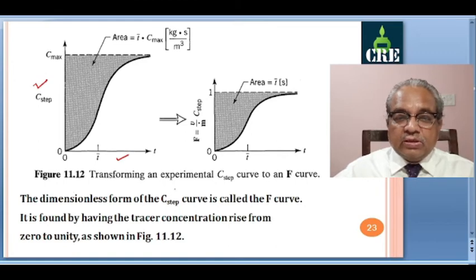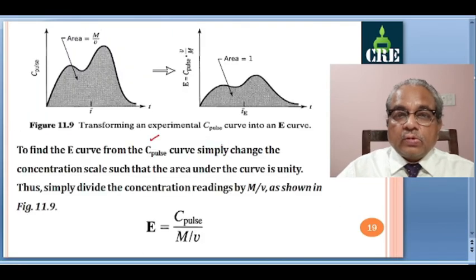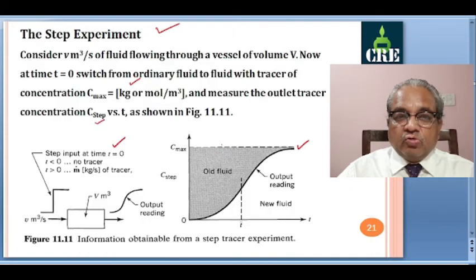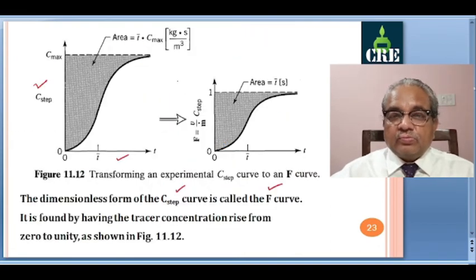Then the dimensionless form of the C step curve is called the F curve. Earlier we have seen the C curve to E curve for pulse input. For step input, from the C curve you get the F curve.